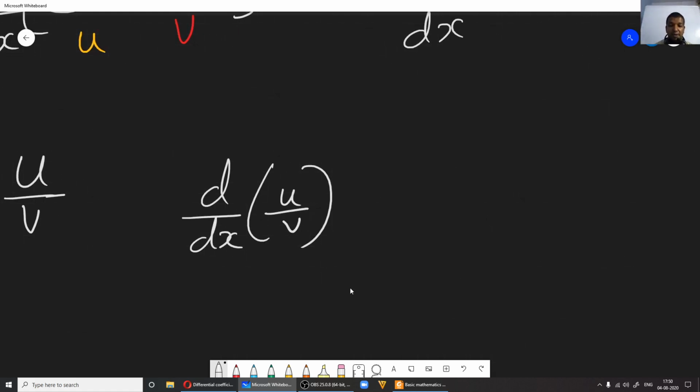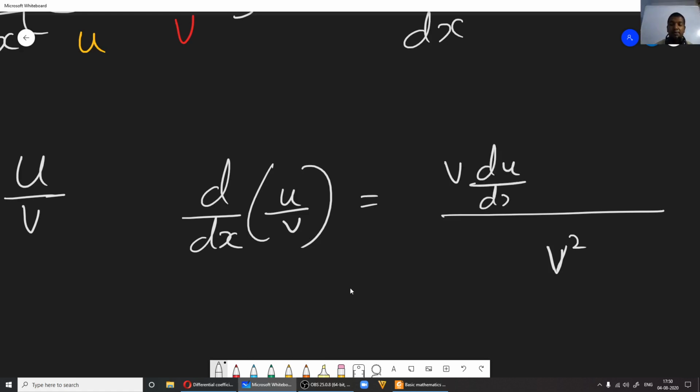You don't have the proofs for this, you just have to remember them. First write v square in the denominator. See, what is the denominator? v. Now the differentiation of u by v: first write v square in the denominator, then v du divided by dx minus u dv divided by dx.